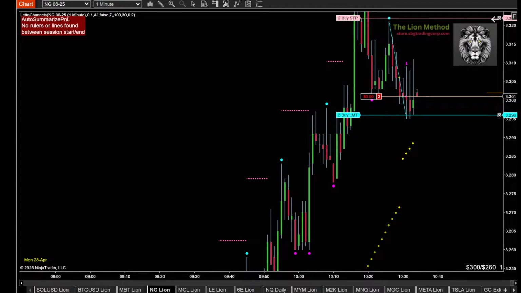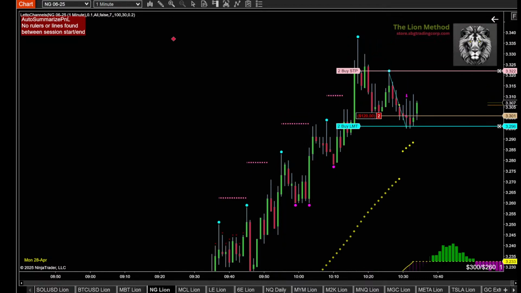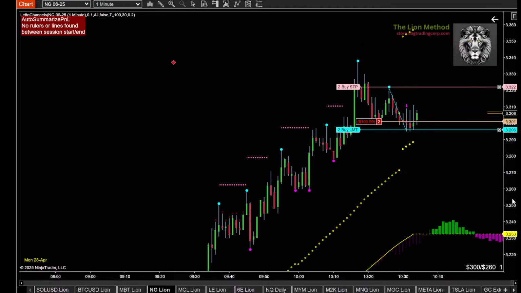Yeah, it just looks like a strong day in Nat Gas, but we're going short. This is a scalp. It's a scalp, and it just looks like buyers are still very happy with being long here. They're overbought though. Tendency is coming back a little bit north.